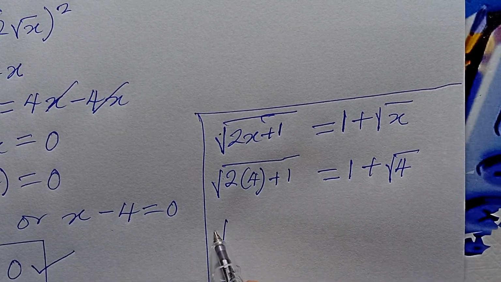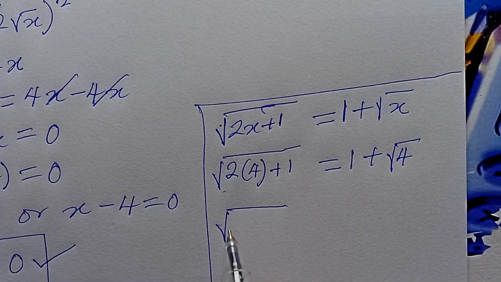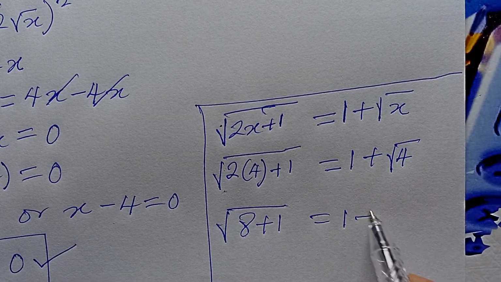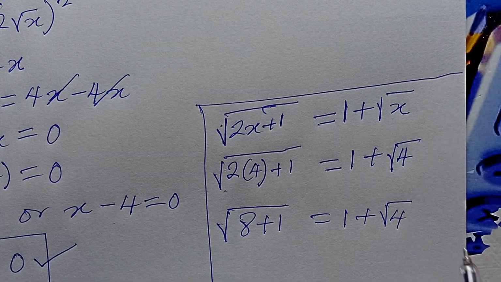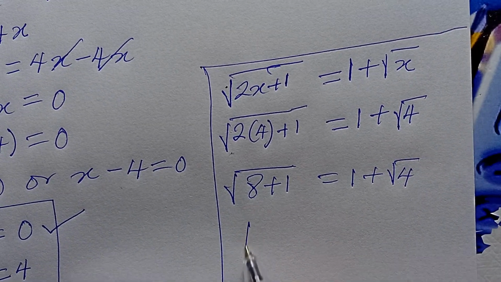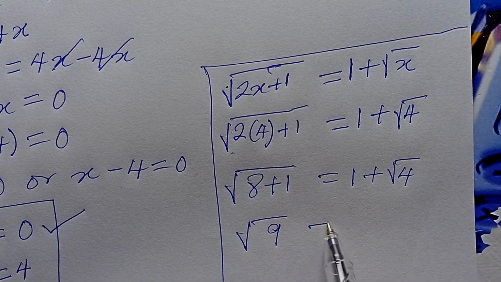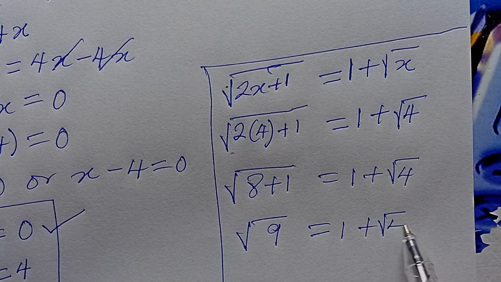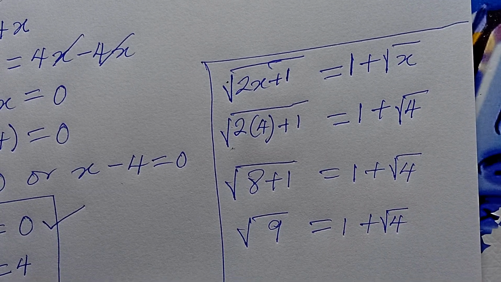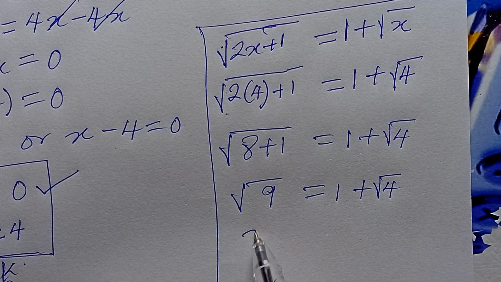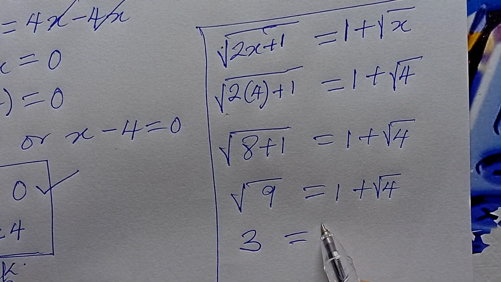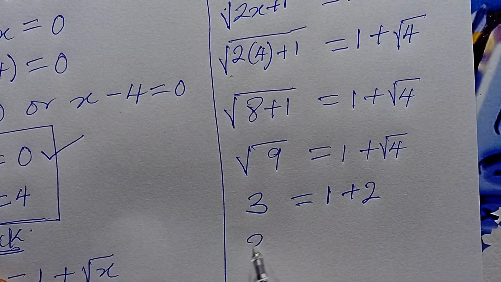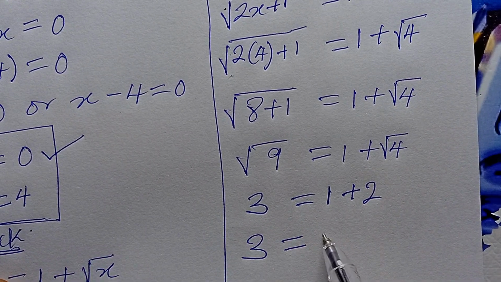So this is going to give us the square root of 2 times 4 will give us 8 plus 1 equal to 1 plus the square root of 4. Automatically, this is going to give us 9. Square root of 9 equal to 1 plus the square root of 4. So 9 is a perfect square. So square root of 9 will give us 3. This is equals to 1 plus the square root of 4 is 2. So this is going to give us 3 equal to 3.